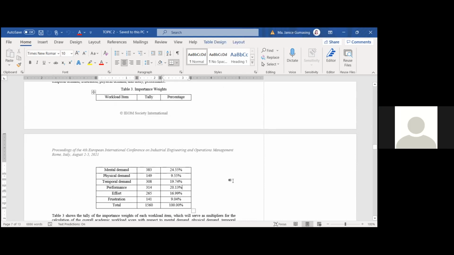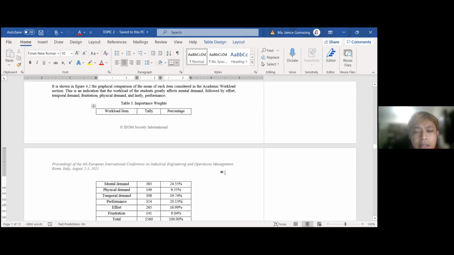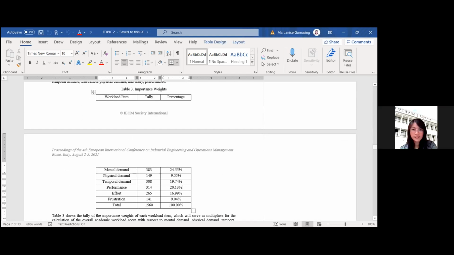So, ma'am, how did you come up with this one, ma'am Gumasing? That's from 104 respondents. We asked them to choose between mental versus physical versus temporal, so there are 15 combinations.